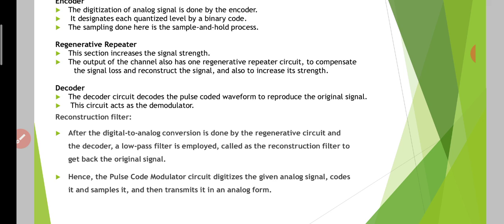When the transmitted data reaches the repeater station, it again reshapes the signal and feeds it to the next stage. The section increases the signal strength. The output of the channel also has a regenerative repeater circuit to compensate the signal loss and reconstruct the signal. This is the main purpose, as already discussed.